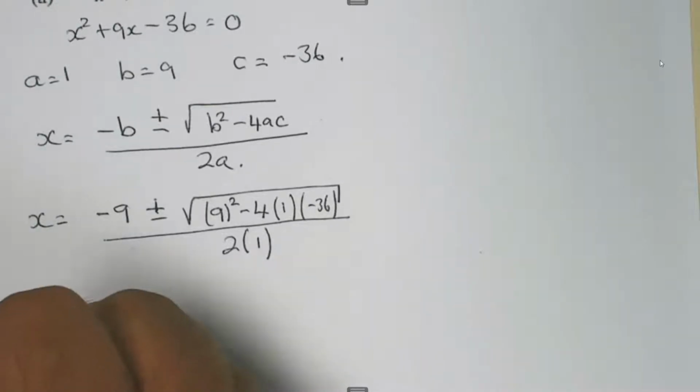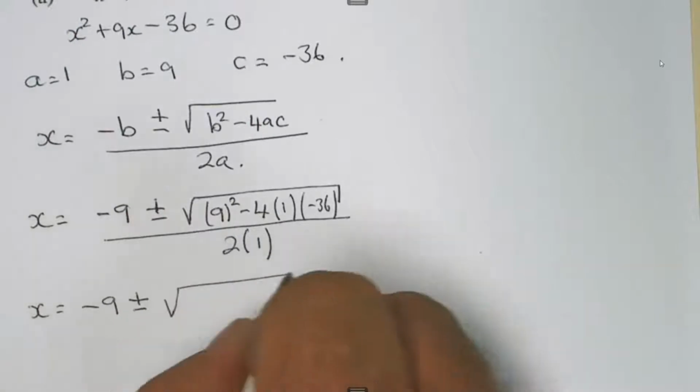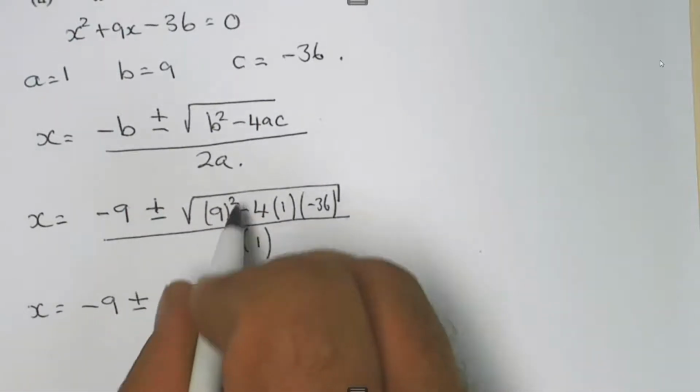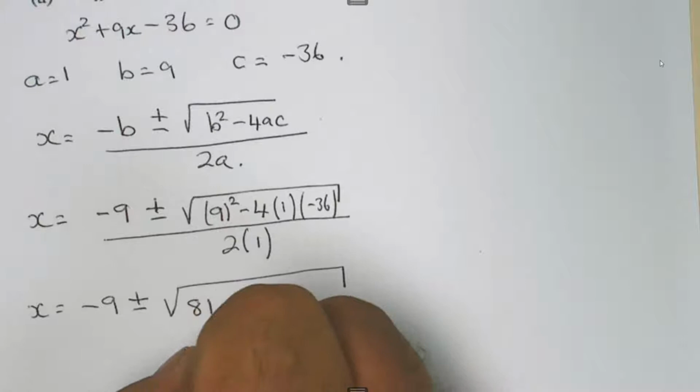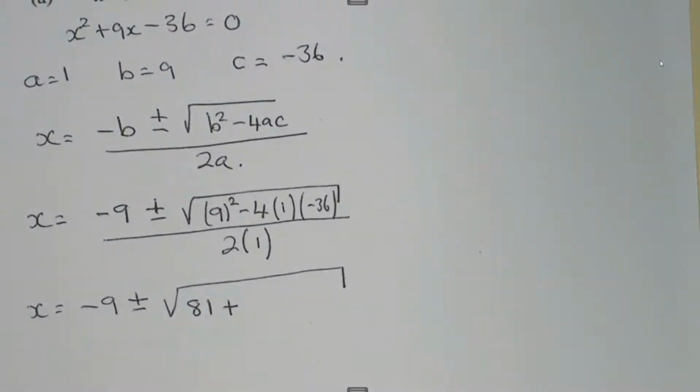So now we can say x is equal to negative 9 plus or minus the square root of 9 squared, which is 81, plus, negative 36 and negative 4 gives plus 4, so it's 36 times 4 equals 144.